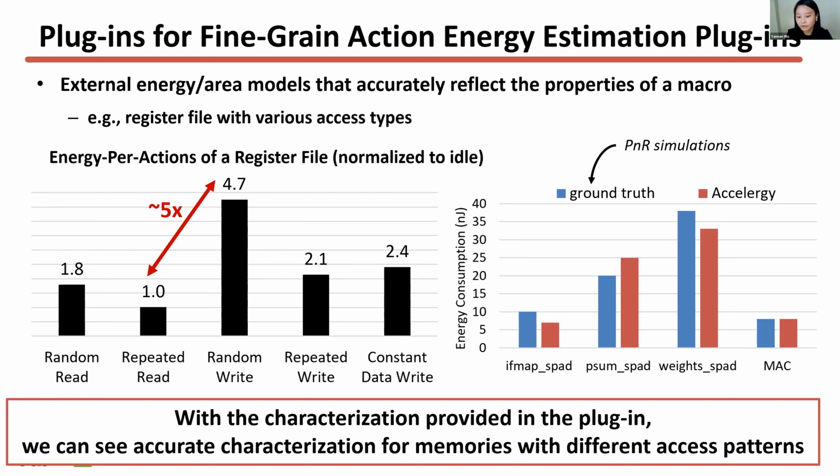So there are 3 different scratch pads on the x-axis, which are all local memories inside the PE, and the y-axis is showing the total energy consumption of the components. So as you can see here, Accelergy is able to use these fine-grained action types to capture the energy differences between these scratch pads, and also it produces a relatively accurate energy estimation in terms of total energy consumption.